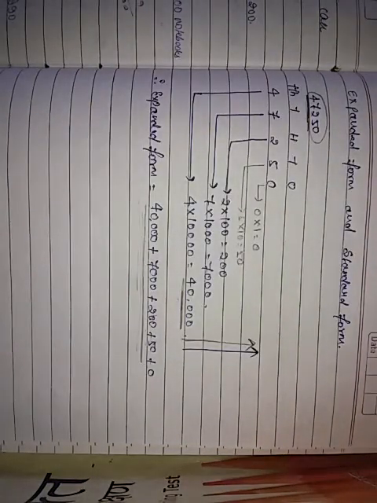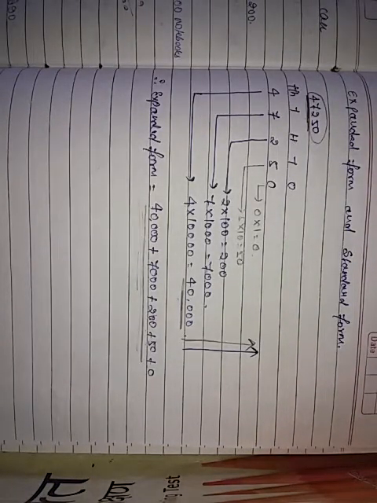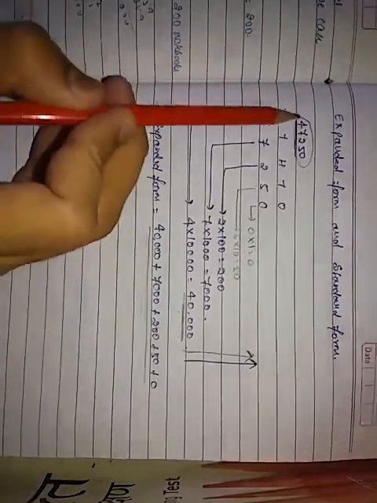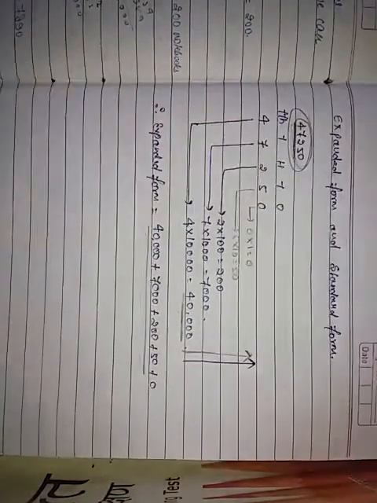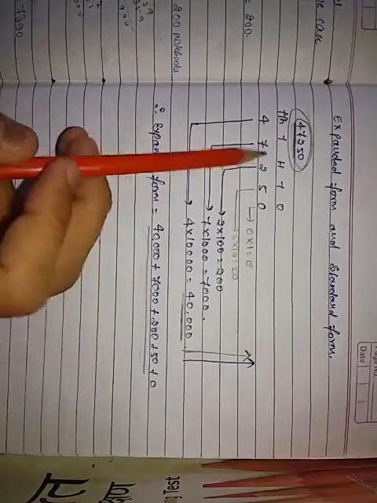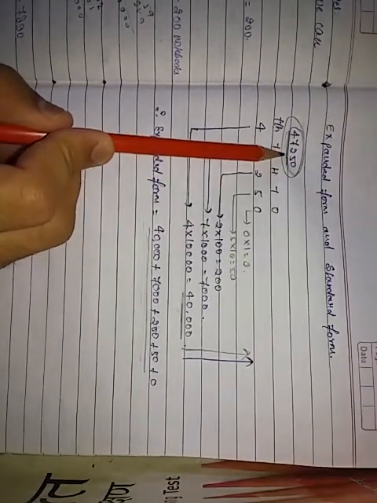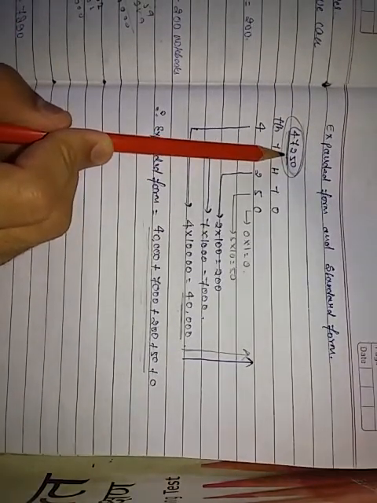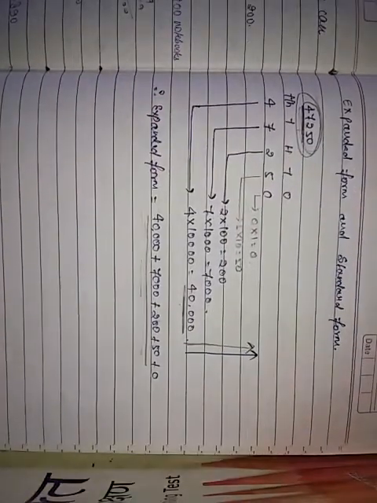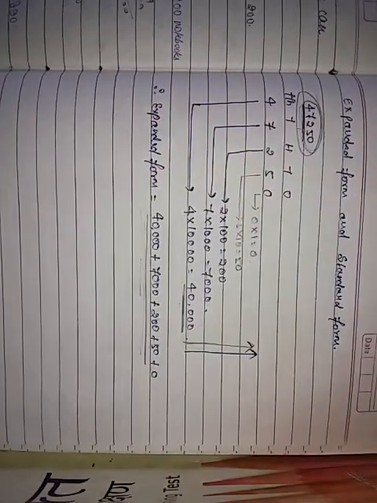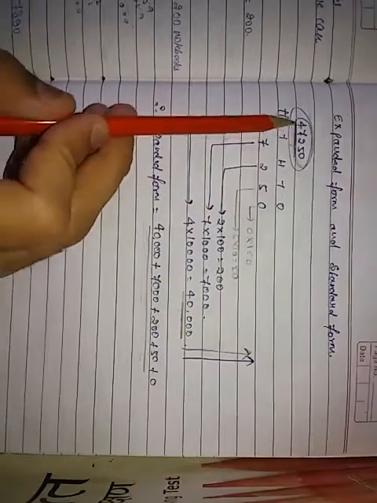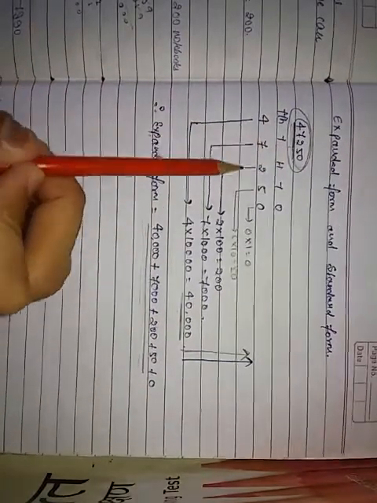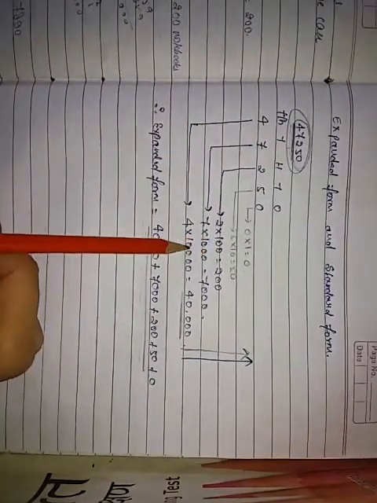Moving ahead, we have the concepts of expanded form and the standard form. See, the normal form in which the number is given is known as your standard form. It means this form is your standard form. And expanded form means expanding the numbers using the concept of place value. Suppose if I am writing this number using the concept of place value, then somewhere I used to do this, right?